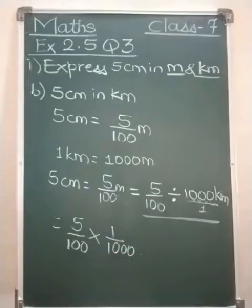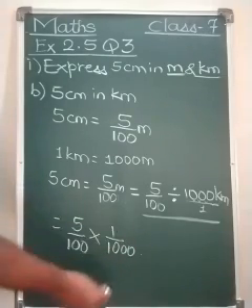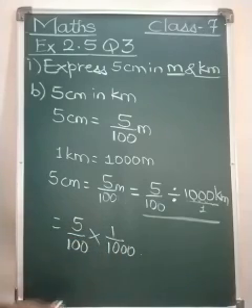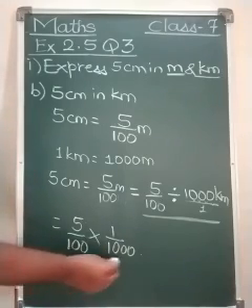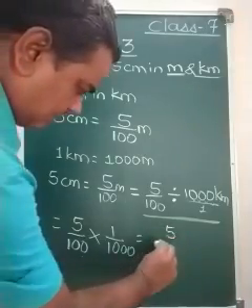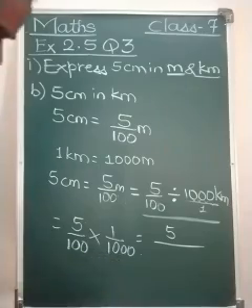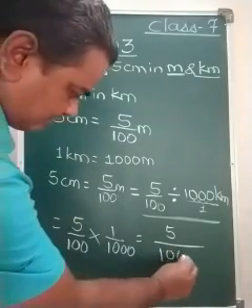Though there are common factors, we are not going to use them. Numerator multiplied by numerator, denominator multiplied by denominator. So this equals 5 upon 100 into 1000: 1, 2, 3, 4, 5, so 1 and 5 zeros.